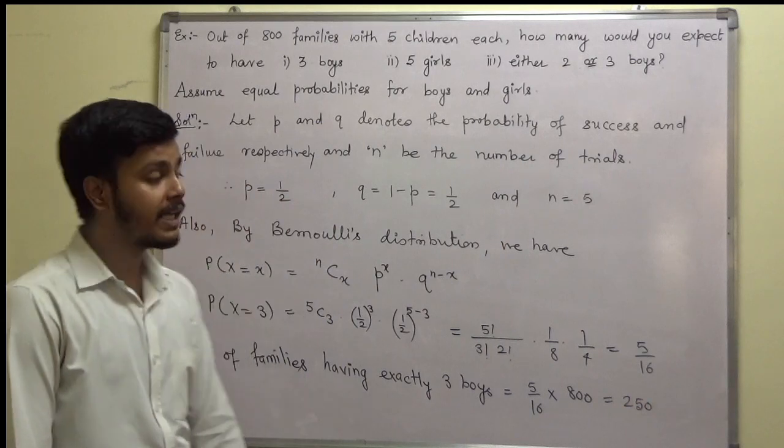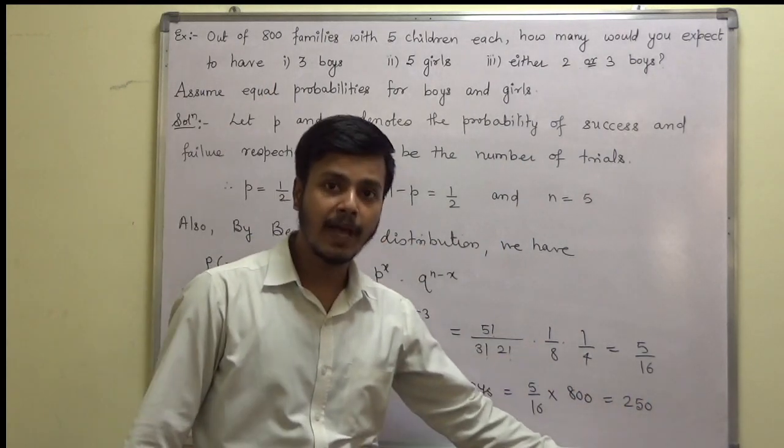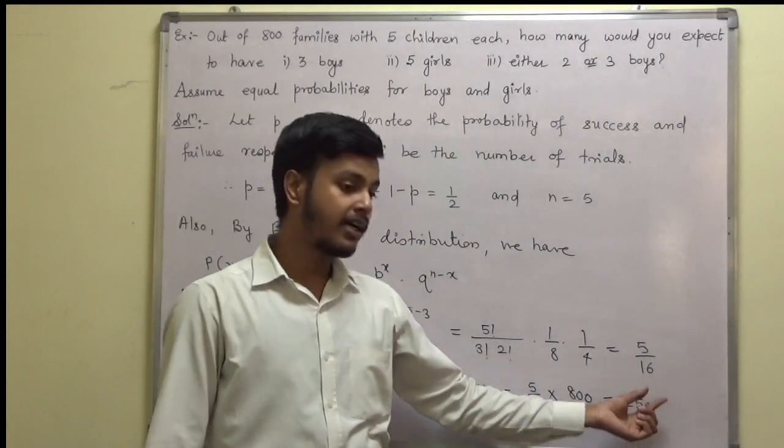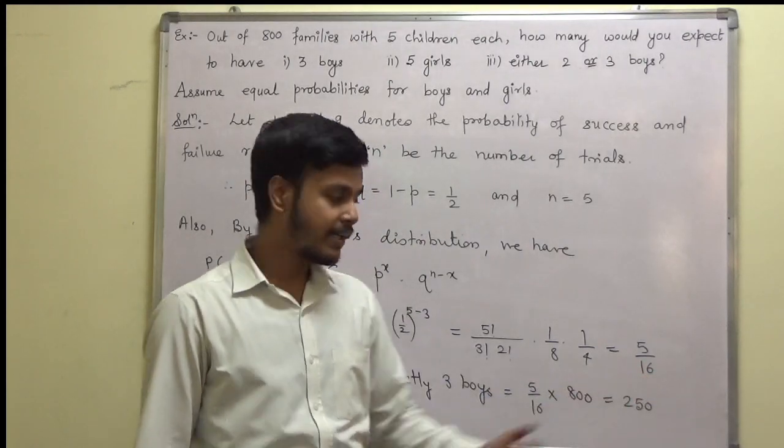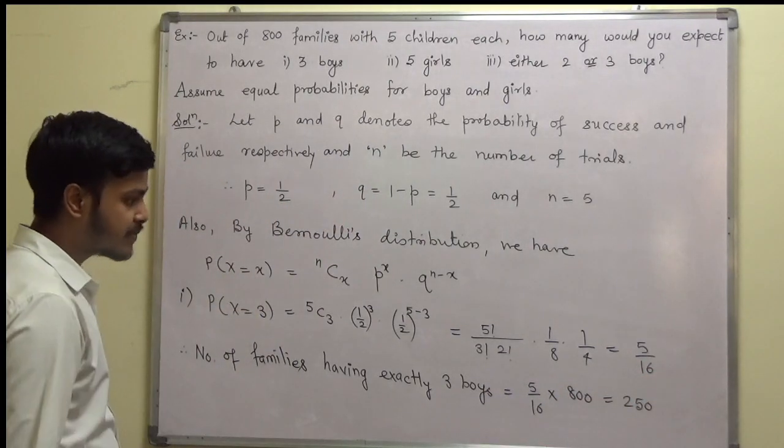So out of these 800, there are 250 families having 3 boys. So this is the first problem.